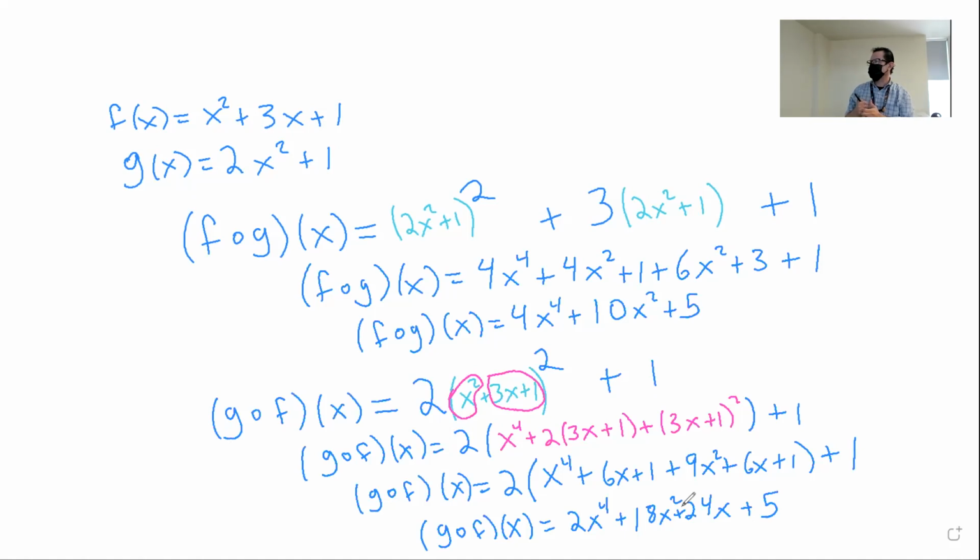Oh, teacher. Let me just check something. I was going to say that we have 3x plus 1 plus 3x plus 1. I think that 1 has to be negative, no? No, in this case here, imagine that you had x plus a elevated to the square.